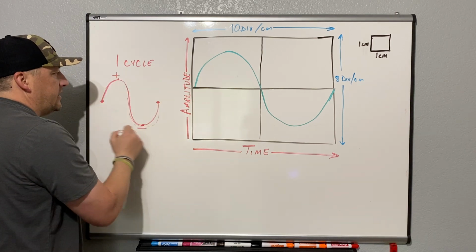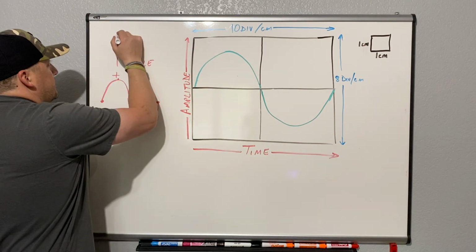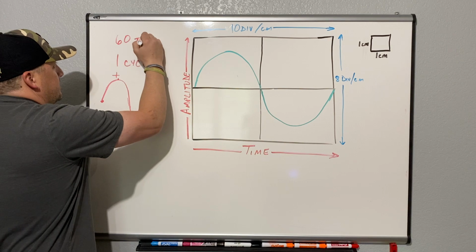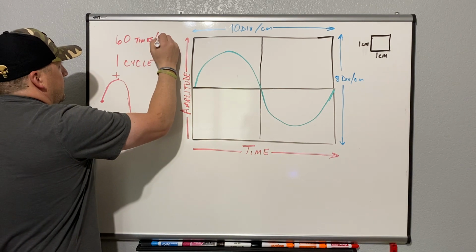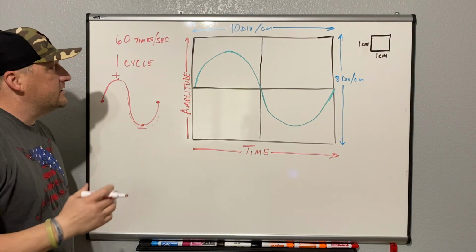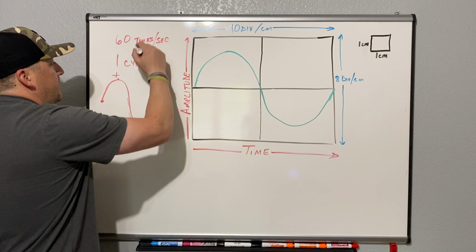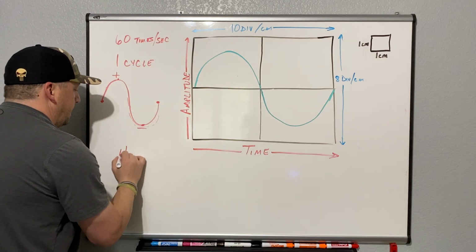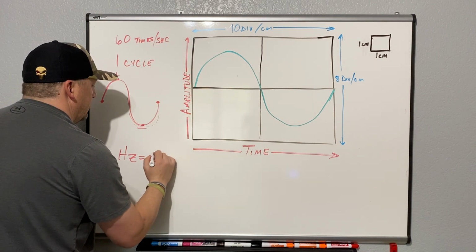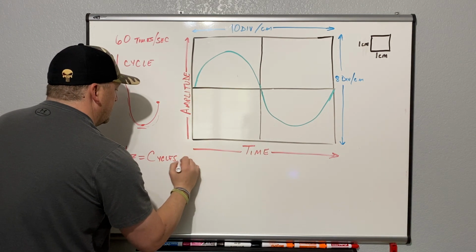So in the US, this happens out of our walls 60 times every second, okay? We are at 60 hertz. Now, that is what hertz is, cycles per second.